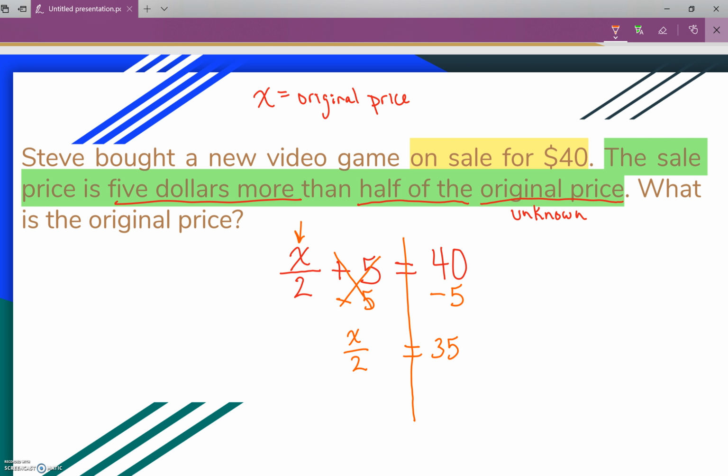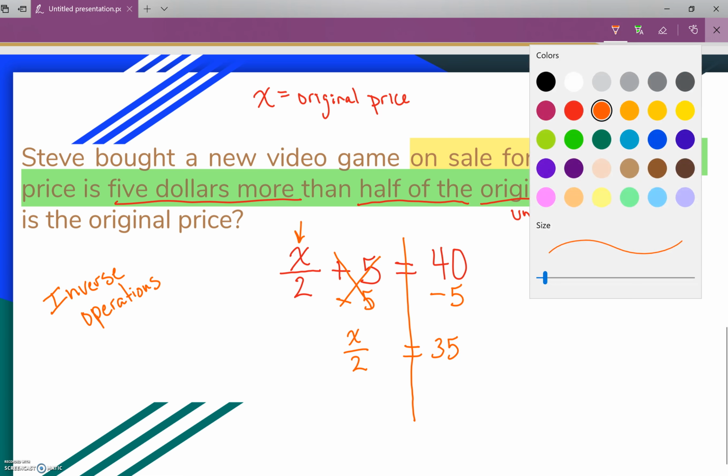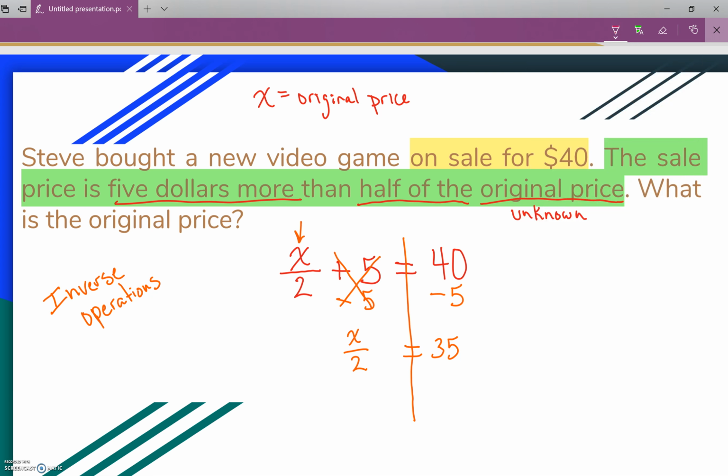Some of you guys could do that mentally. If you can't, remember you want to use what's called inverse operations. We look at our variable and we see that it is being divided by 2. So you need to do the opposite of division, and we will multiply by 2 on both sides of the equation.